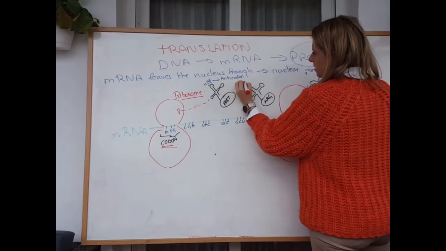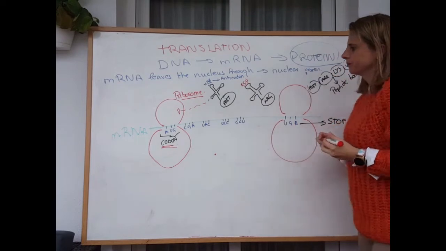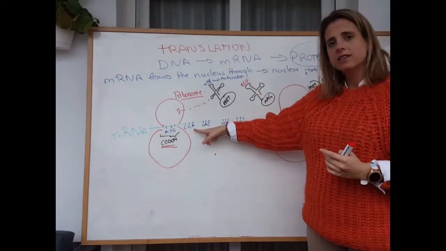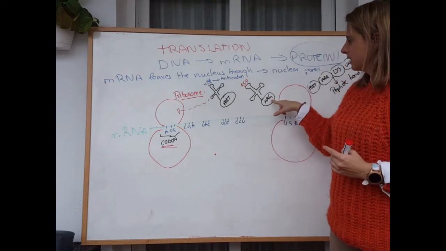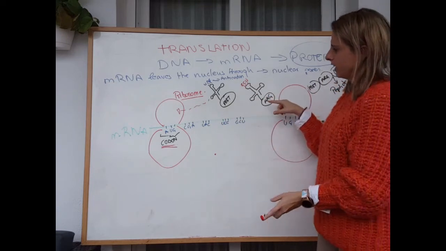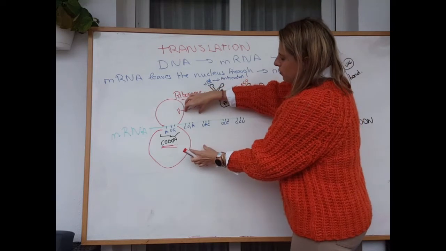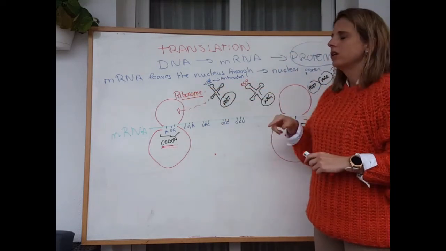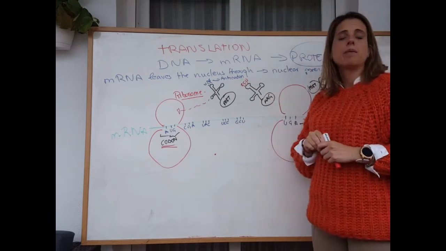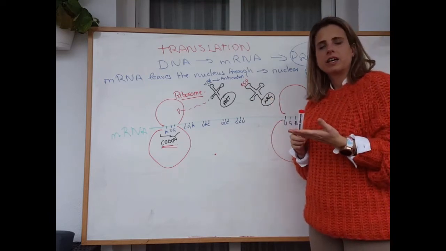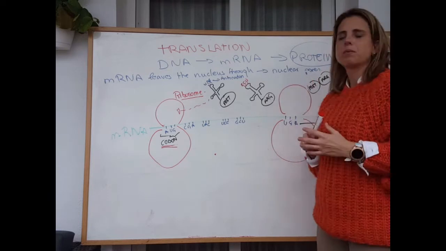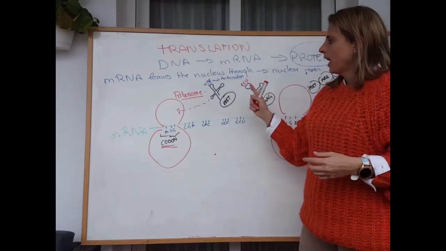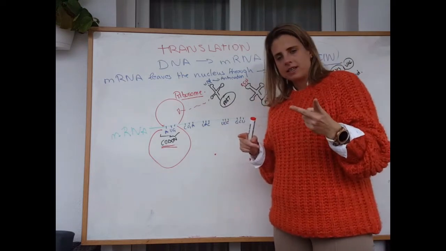G, C, U. No? It matches. So if it matches, it means that this transfer RNA, when the ribosome moves forward, is going to join the ribosome and is going to leave the amino acid that it's carrying. In this case, I put arginine. Okay? So we have now 2 amino acids.